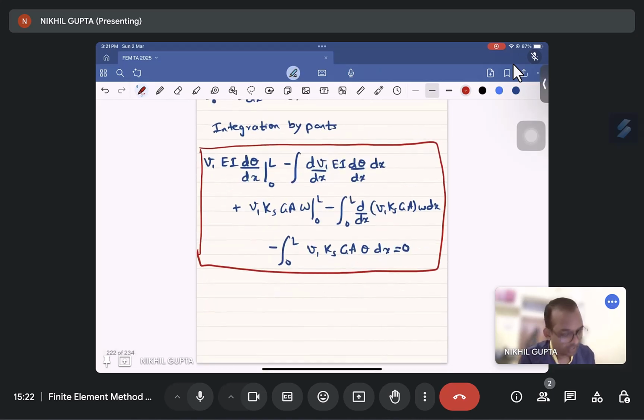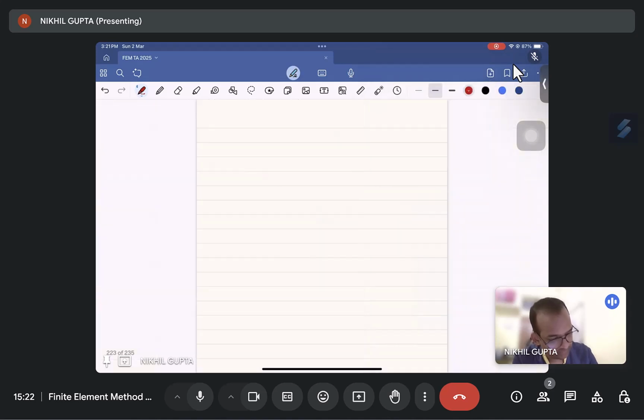Similarly, we can find it with 1B as well.